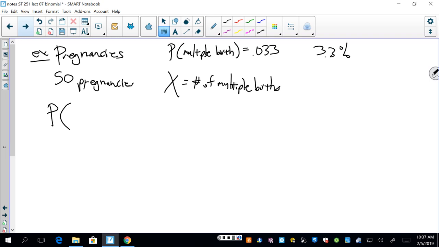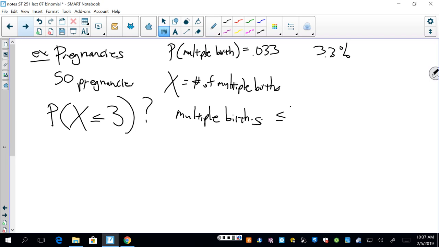So if you have 50 pregnancies come through in a different week in a fairly decent-sized hospital, what's the probability that you get less than or equal to 3? So this would be multiple births, less than or equal to 3 times for the 50 pregnancies.